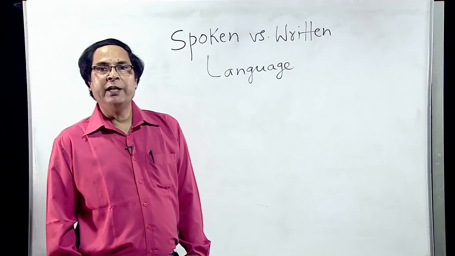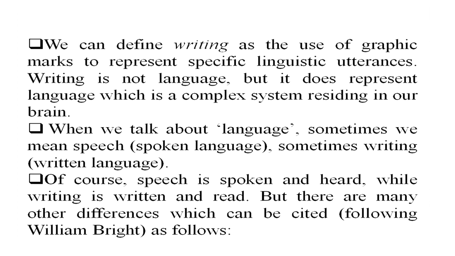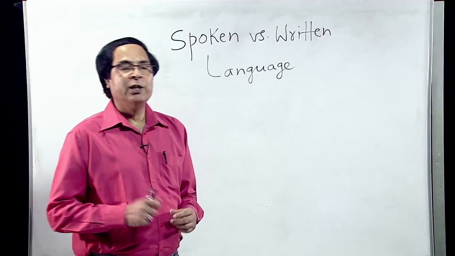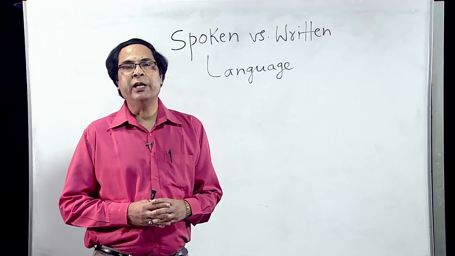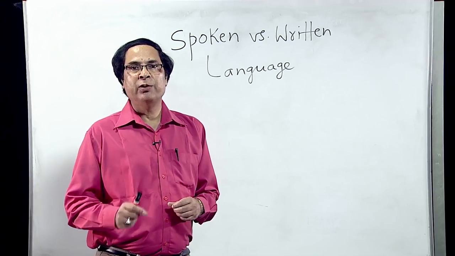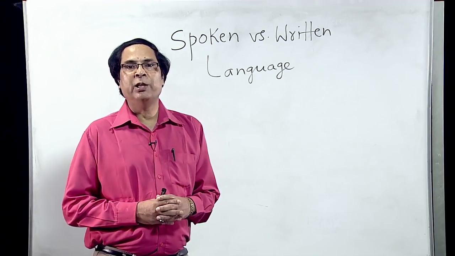We can define writing as the use of graphic marks to represent specific linguistic utterances. Writing is not language, but it does represent language, which is a complex system residing in our brain. So, we defined writing as the graphic marks. Every language you will see, those languages which are written, they use a number of letters of the alphabet if they are alphabetic.